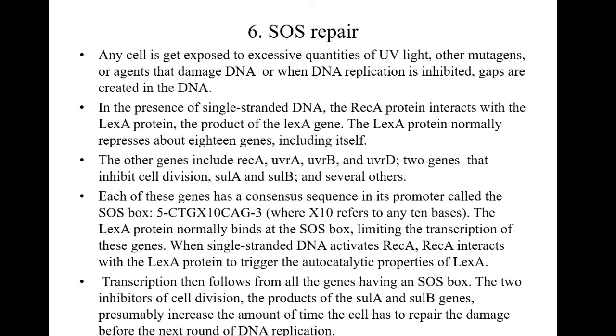The other genes include REC-A, UVR-A, UVR-B, and UVR-D. These are the genes that inhibit cell division. Then SULA and SULB and several others.